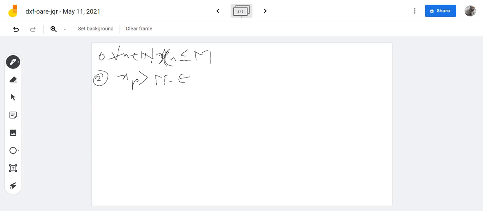Okay, from this first we can write that xn is strictly less than M plus epsilon for all n. If you add epsilon to M, then xn is strictly less than M plus epsilon, because you are increasing the value of that upper bound by adding epsilon.